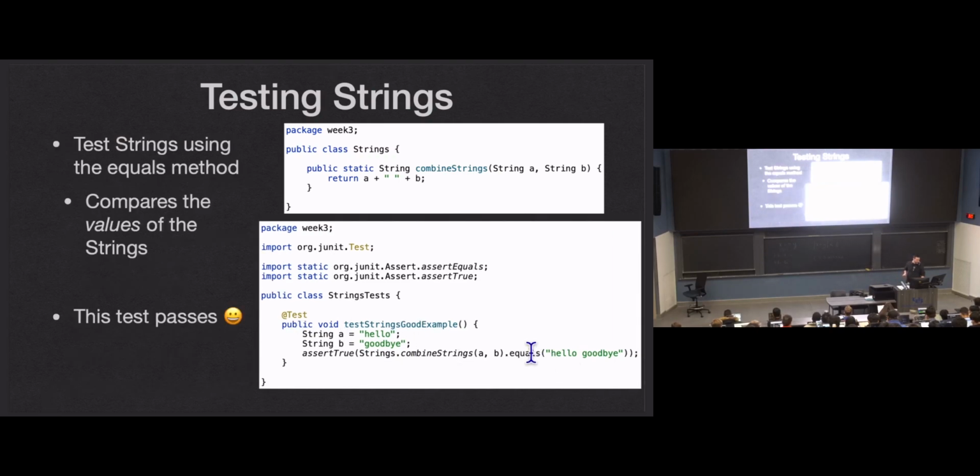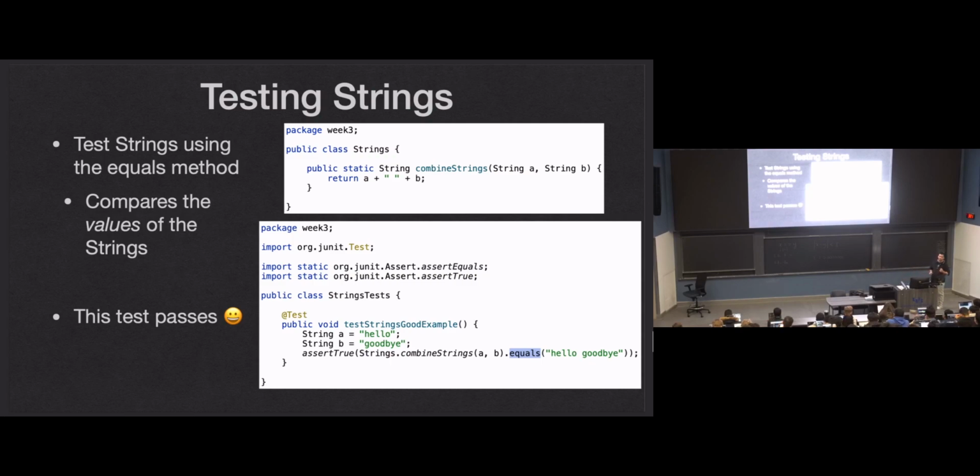If we use .equals instead, .equals will call the equals method of the String class, which will compare the values. It'll go character by character, check if it has all the same characters in the same order and the same length, and then say, yep, these two string values are equal, not the references. So that's the difference between == and .equals. .equals is going to check the values.